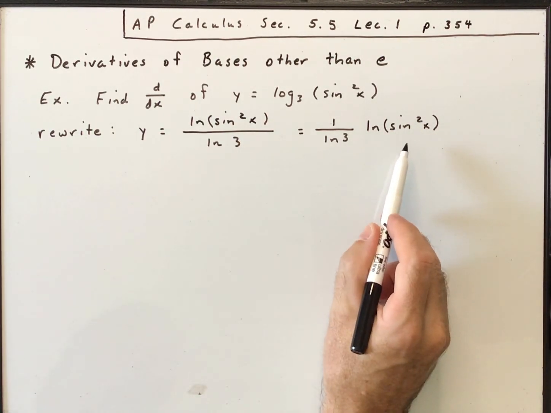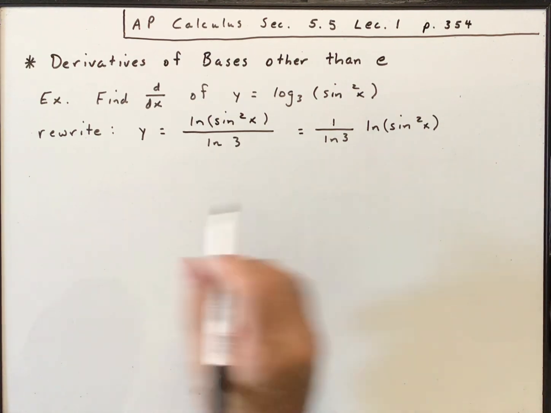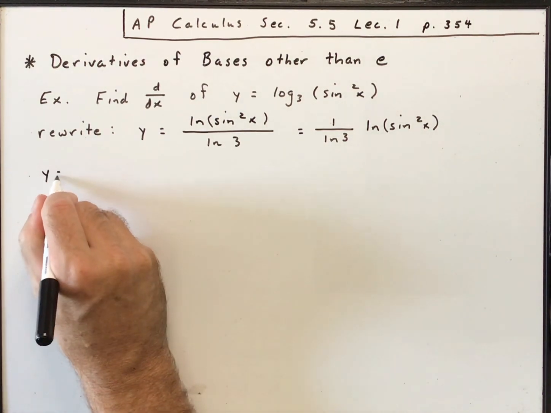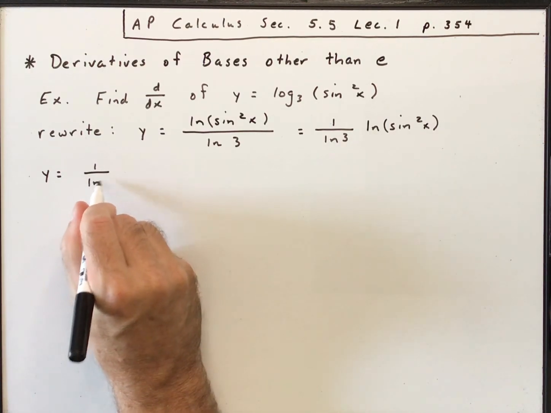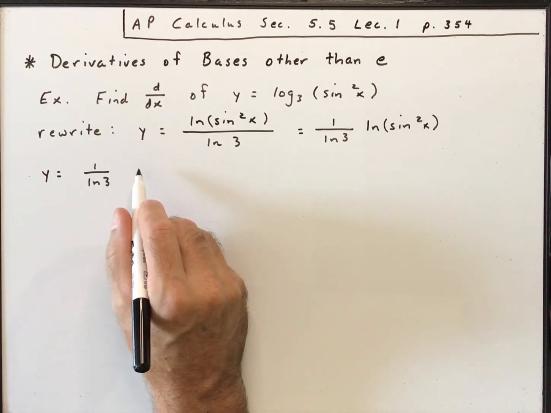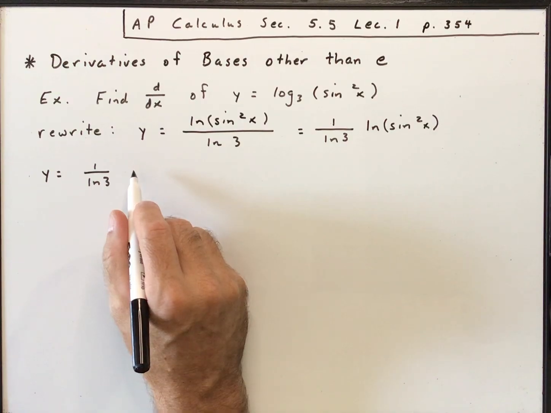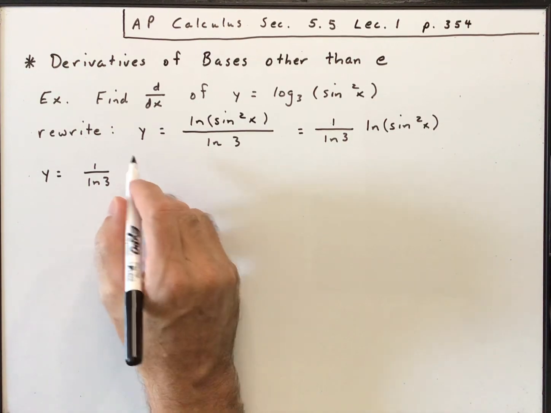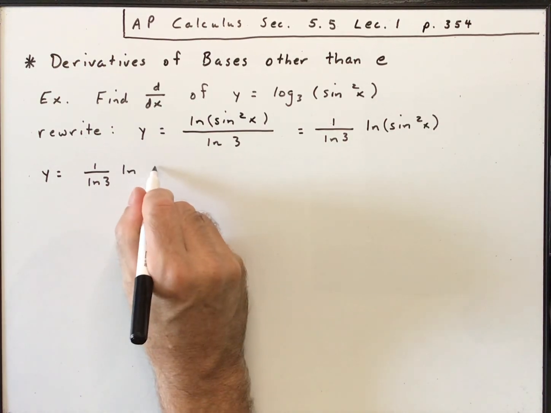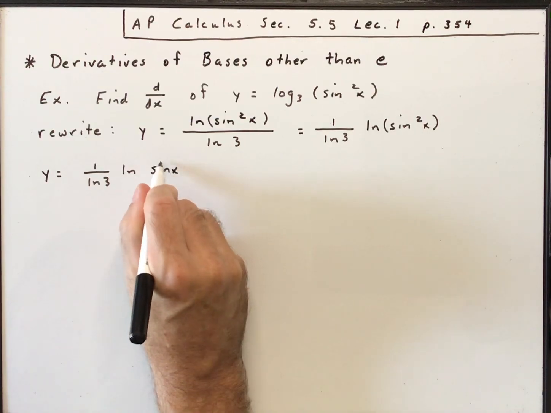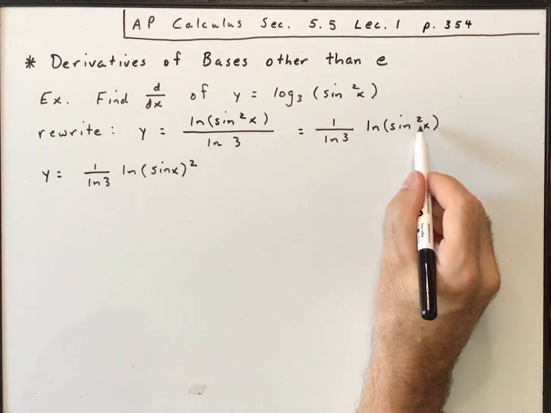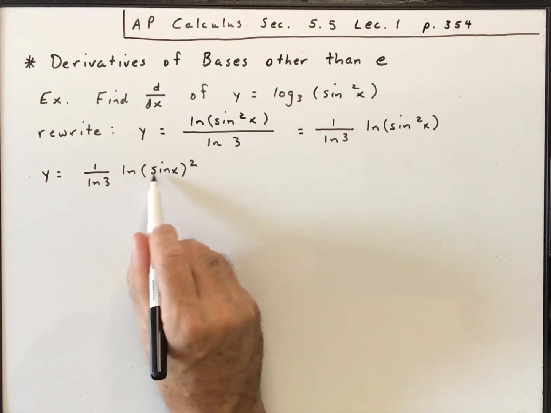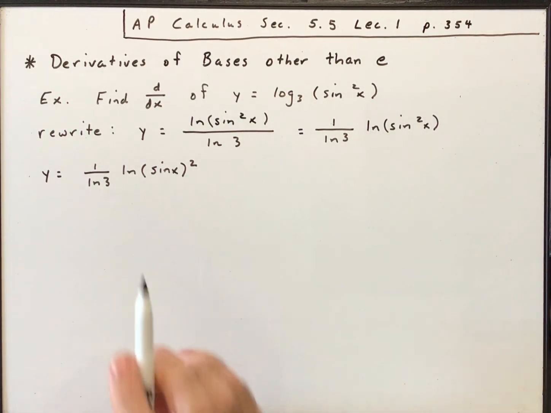Well, I can still do a little more here maybe to help me take the derivative. 1 over natural log 3 times the natural log of sine x all squared. So sine squared x, another way to write that is sine x all squared.